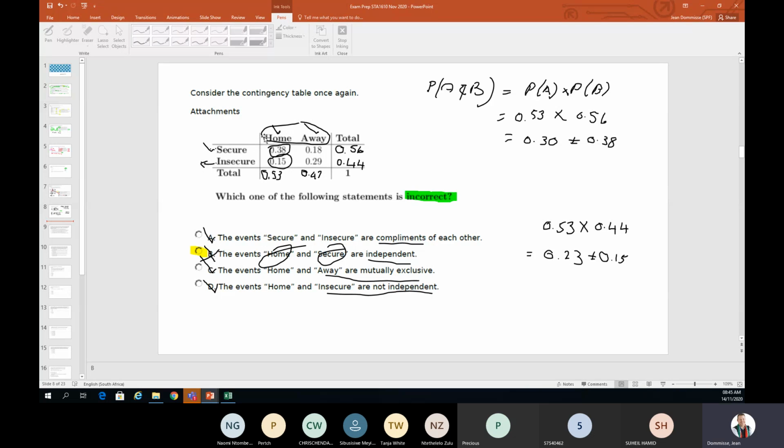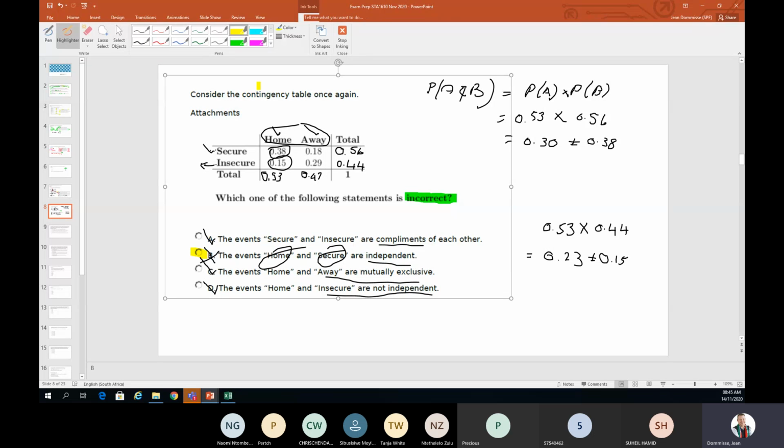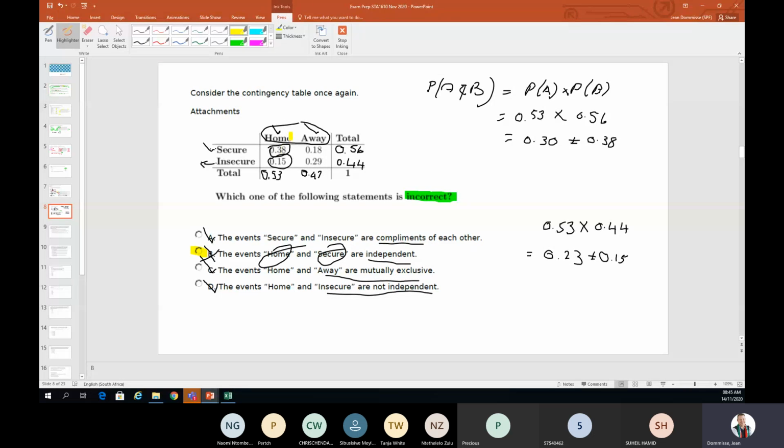In this table you don't have a probability for home and away. So when you get a table like this, the one thing you need to remember is you can't be home and away.